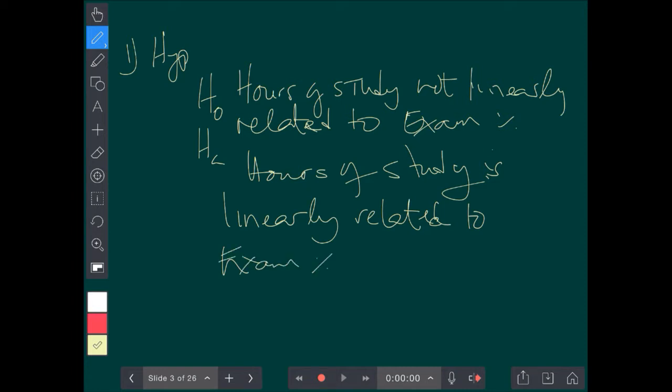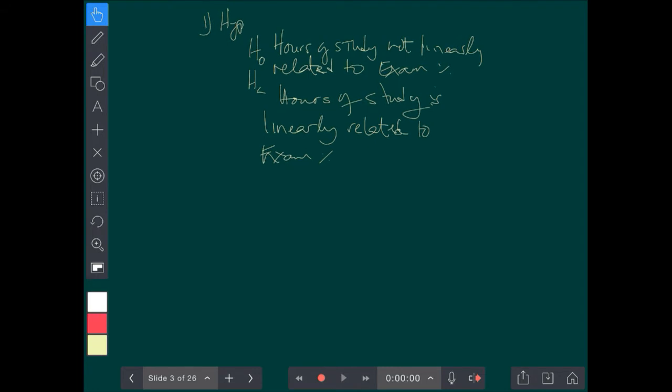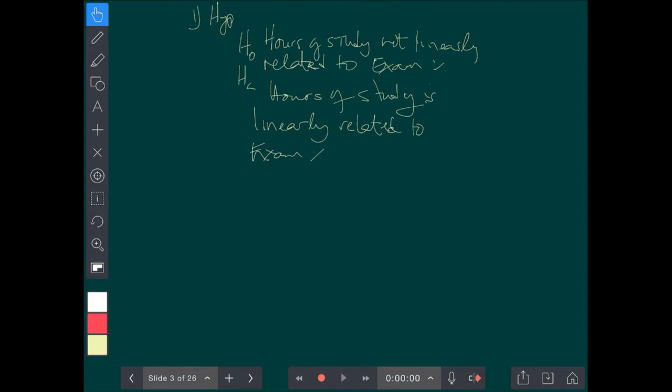So that's the statement of the two hypotheses. So let us put that mathematically, which I've already done just prior to this. So it would be H0, if they have no linear relationship, it would be rho is equal to 0 versus rho is non-zero. All right, so that's step 1.